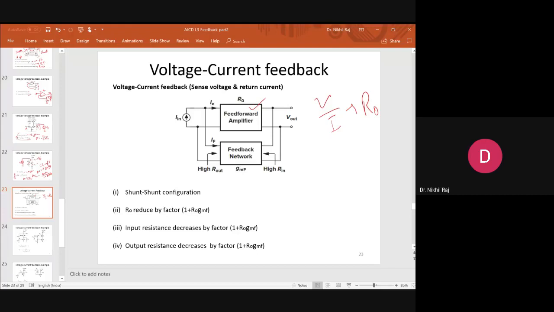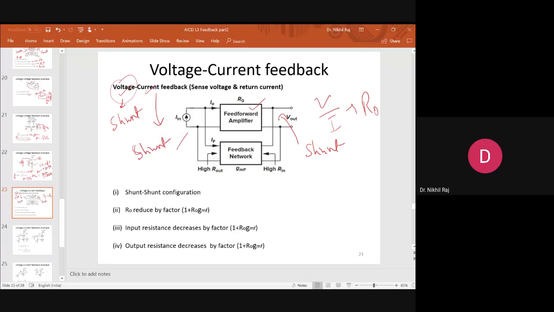Now if you see here, the output is your voltage, and input is given as a current. So when I sense the output as a voltage, this means I have to do the shunt configuration. When I have to feed a current as the input, current means same node, so there we cannot do series connection, again we have to do the shunt connection.